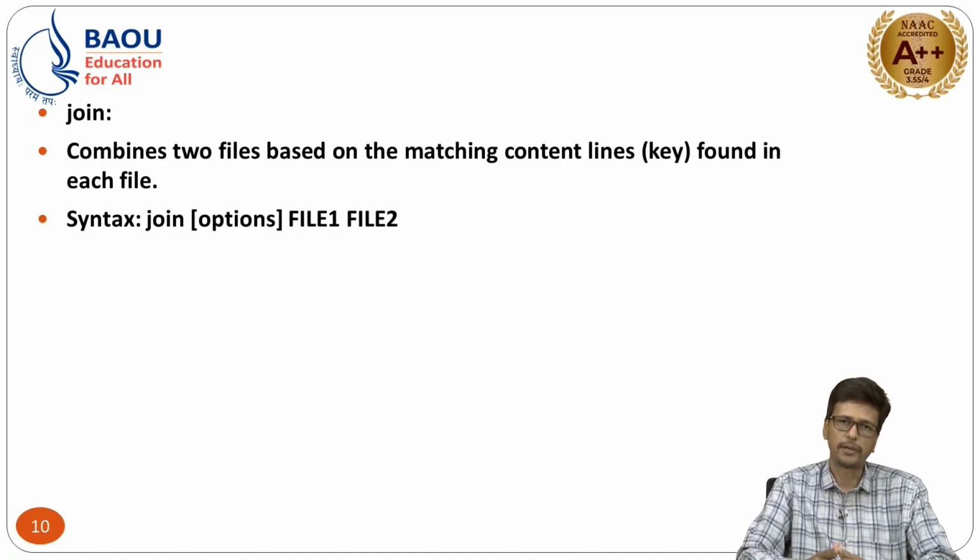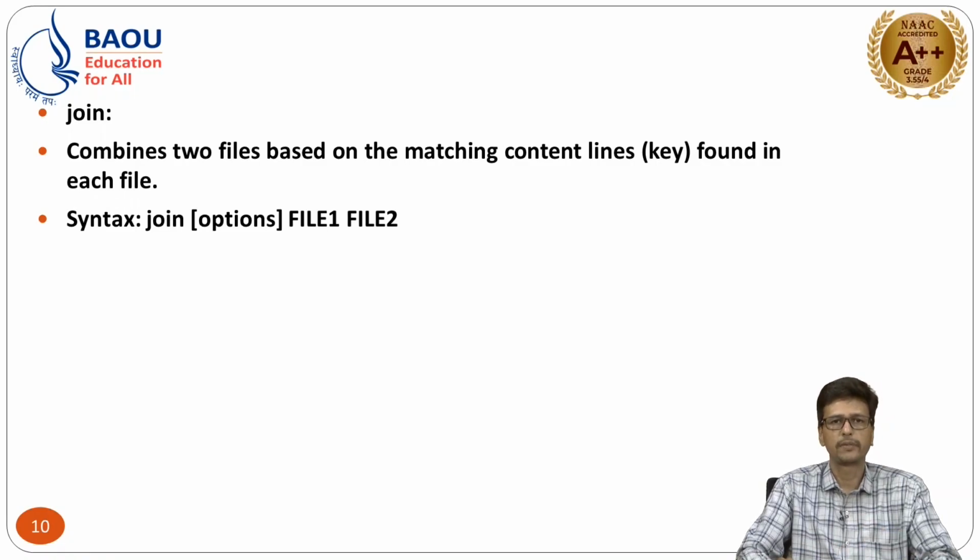In the second file, I am saving employee ID and last name. Here you can observe that in both files one column, the employee ID, is unique and can be used as a key. Then you want to merge these two file contents, and you can use the join command.